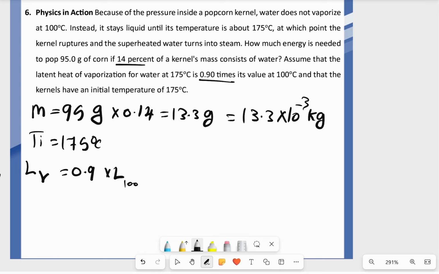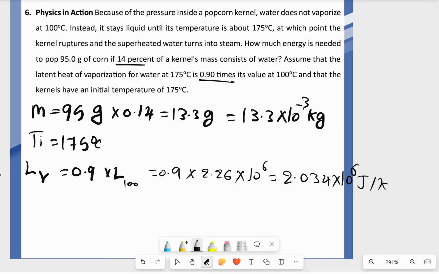It is equal to 2.26 times 10 to the power of 6. So I have to multiply this by 0.9. Then I will get 2.034 times 10 to the power of 6 joule per kilogram. This is the latent heat at 175 Celsius.